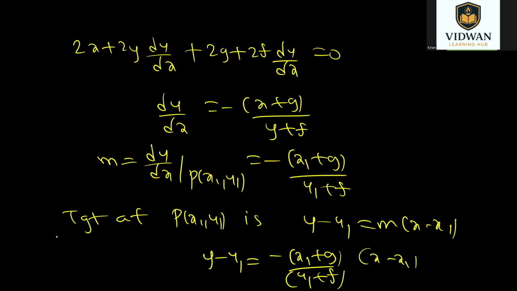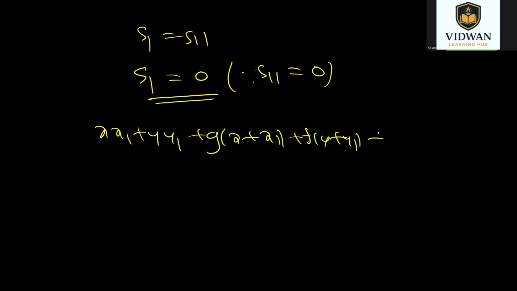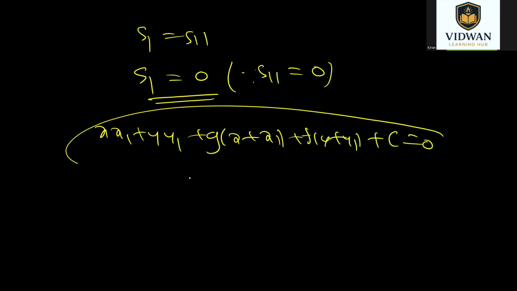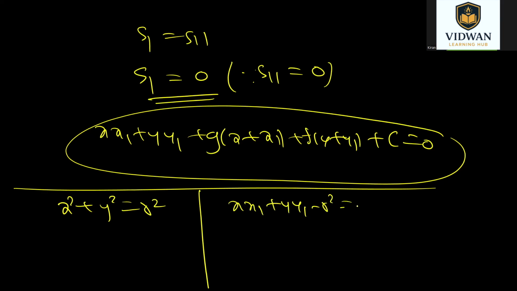And what is s1 for the general circle that I have chosen? xx1 plus yy1 plus g into x plus x1 plus f into y plus y1 plus c equal to 0. That is the meaning of s1 equal to 0 for the general circle. And if it is a circle like x square plus y square equal to r square, the tangent would be just s1 equal to 0 again, but it is xx1 plus yy1 minus r square equal to 0.